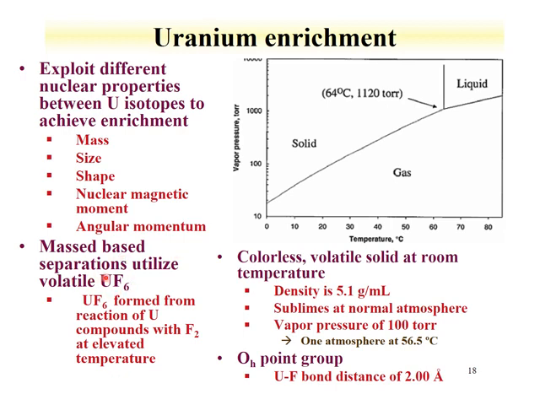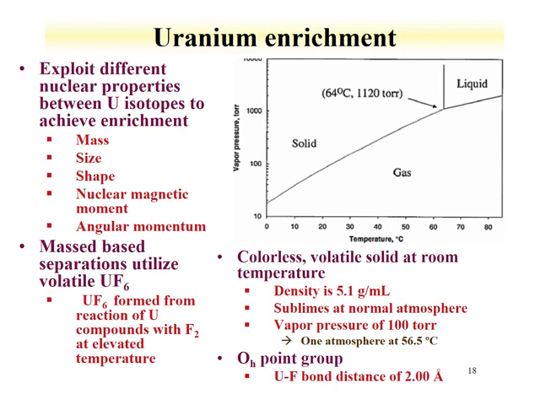Uranium hexafluoride is volatile. As we can see here from the phase diagram, it has a large gas phase component. And this uranium hexafluoride can be formed from the reaction of uranium compounds with fluorine at elevated temperature.